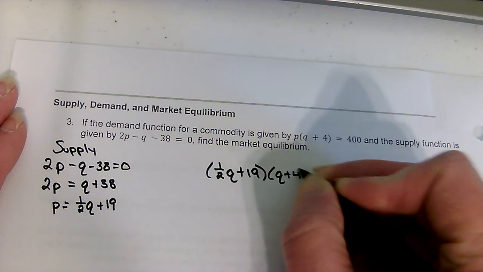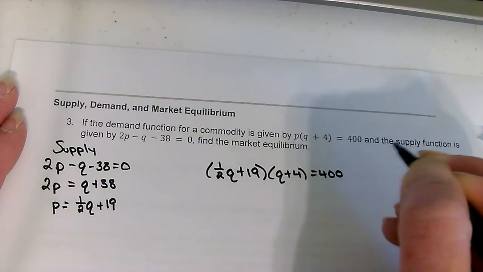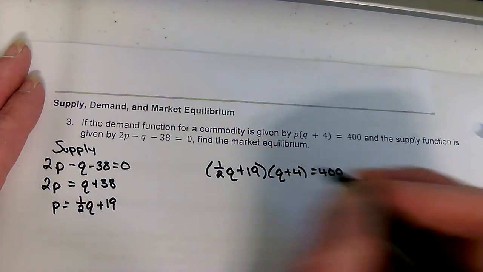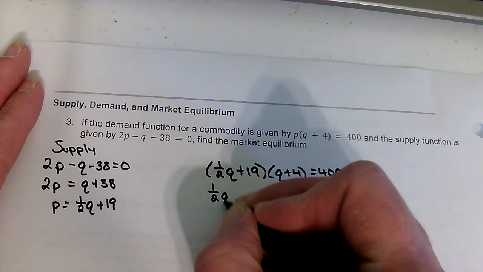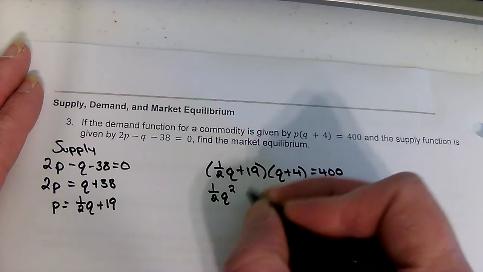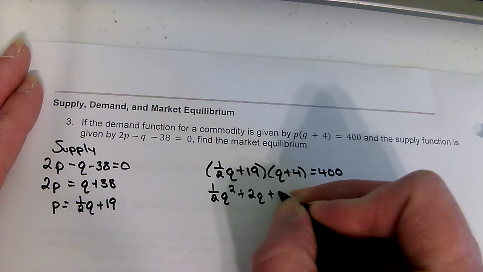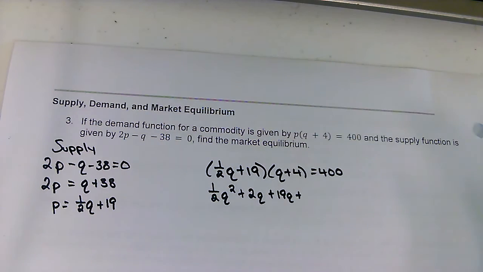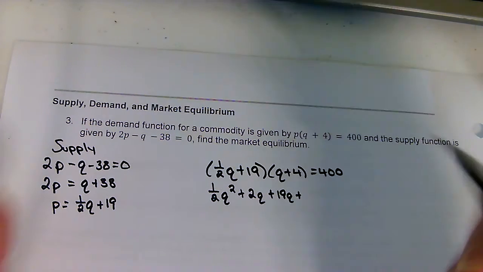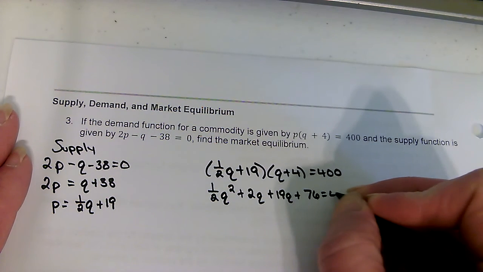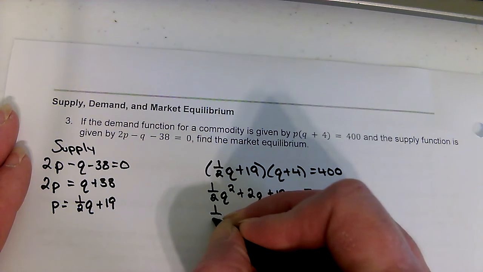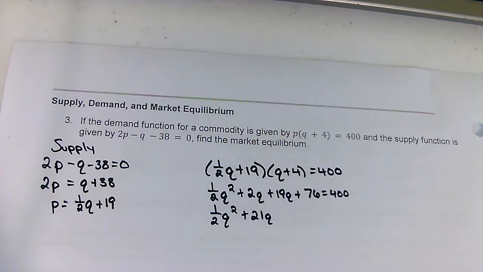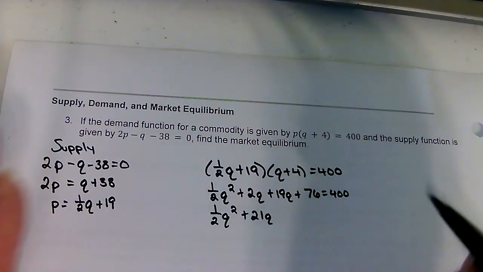We want to use our systems of equations. I'm going to distribute and get 1/2 q squared plus 2q plus 19q plus, I don't know what 19 times 4 is. That's 76. And then minus 400.